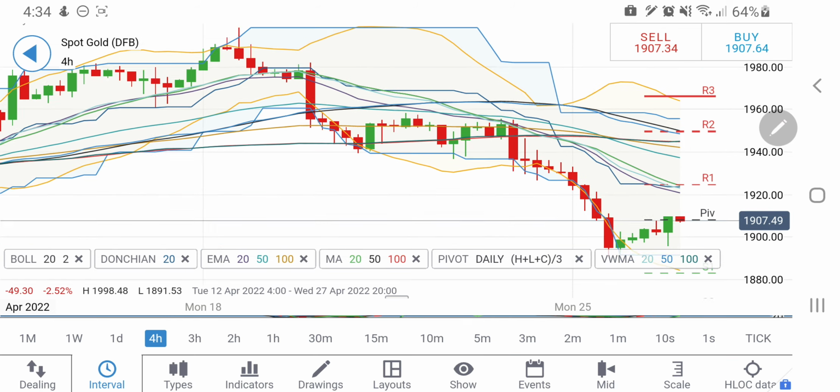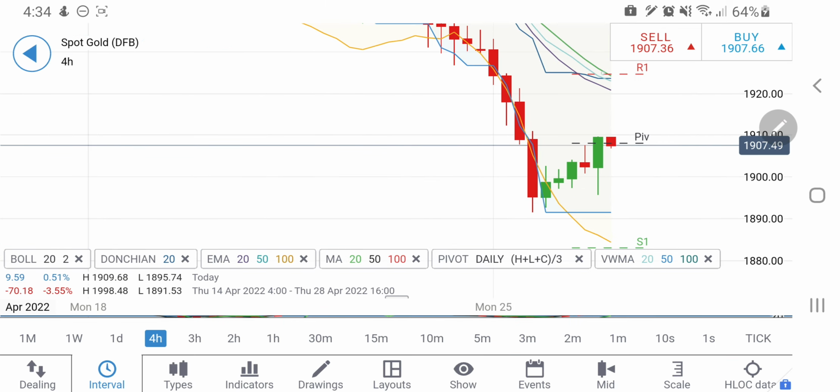On the 4-hour charts, we see higher lows and higher highs, so an expanding ascending triangle is what I can say. The high on this side is around 1915, 1920 levels. It may try to go there, but there is a greater resistance at around 1924.